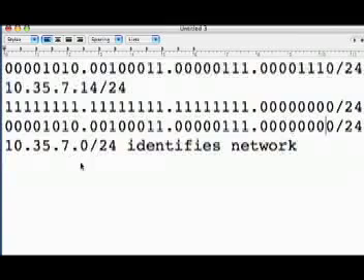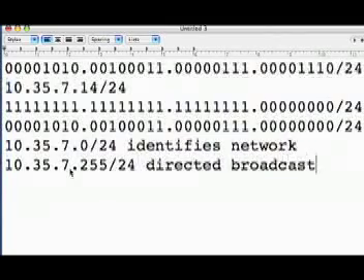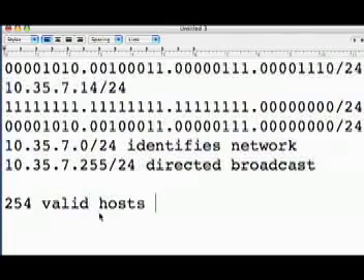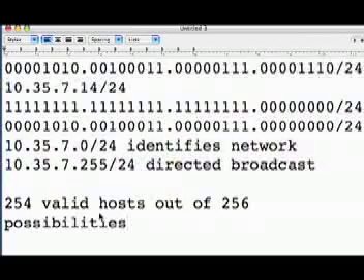And we also can't use the IP address which is all ones for the last 8 bits for an actual host, because that is the IP directed broadcast address, which means that even though there are 256 possibilities, there are only 254 valid hosts out of 256 possibilities when on a /24.